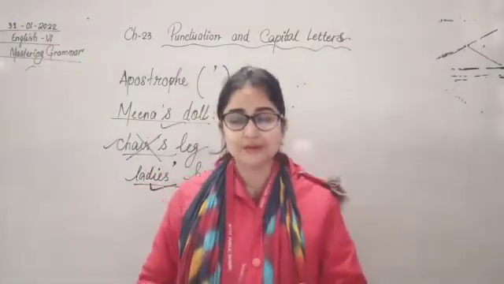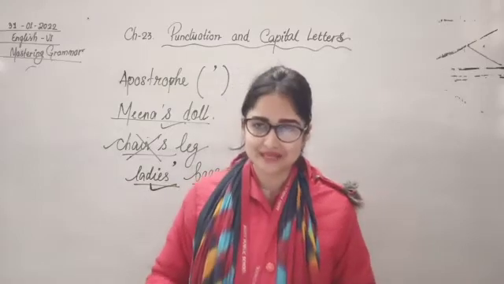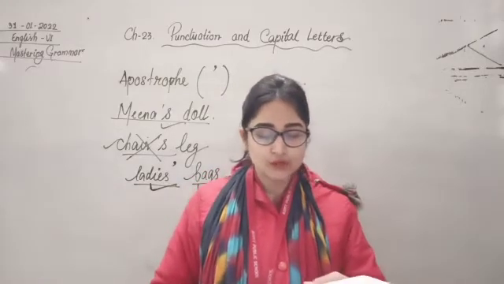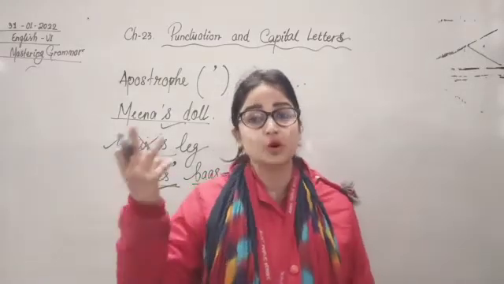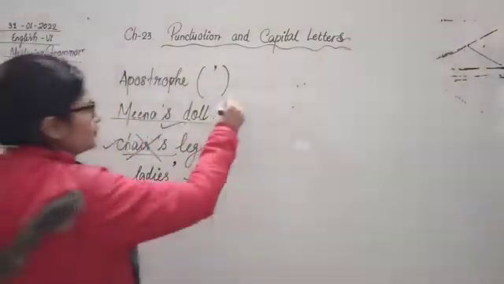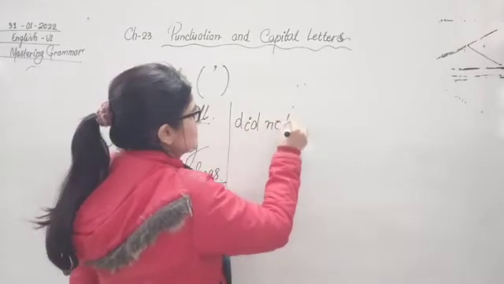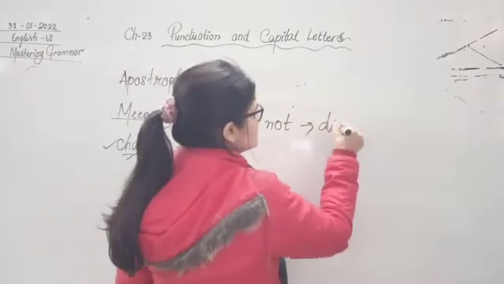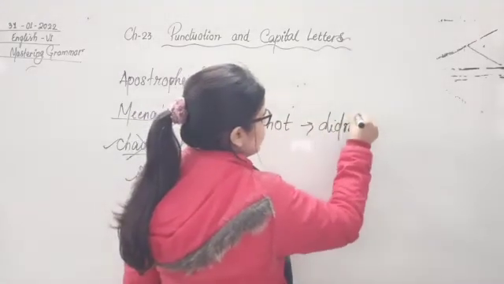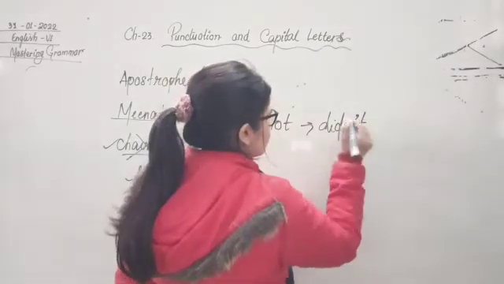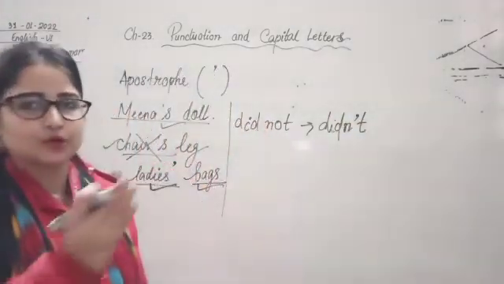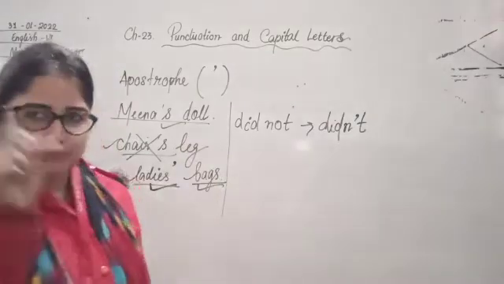Now to show time and distance, like 2 days' time. To show the omission of some letters, like for contractions. If you remember, we can write did not as didn't. So we write did, and then N, and then we show omission of the letter O. We do not write O, so we just give an apostrophe.